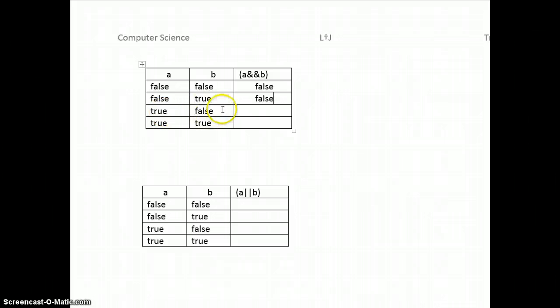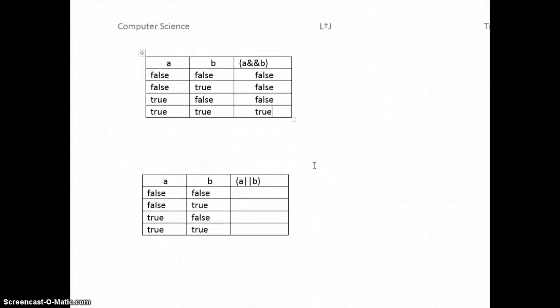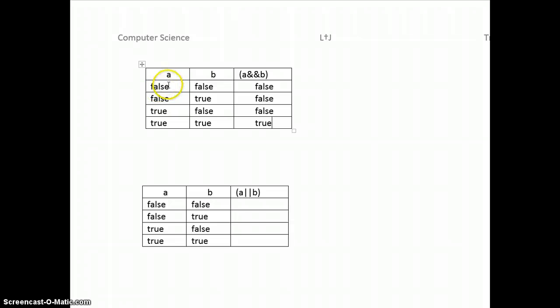Again, for true and false, A is true, but B is false, so the answer is false. If A is true and B is true, then it's true. Like if we said that A was, it's raining outside, and B is, I brought an umbrella. If it's not raining, I didn't bring an umbrella, the whole statement's false.